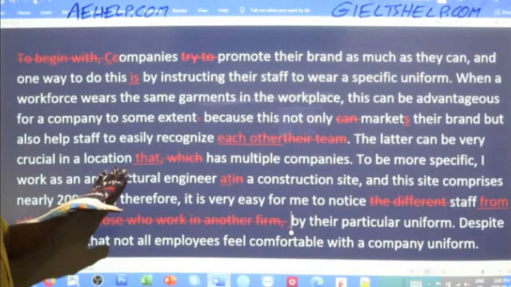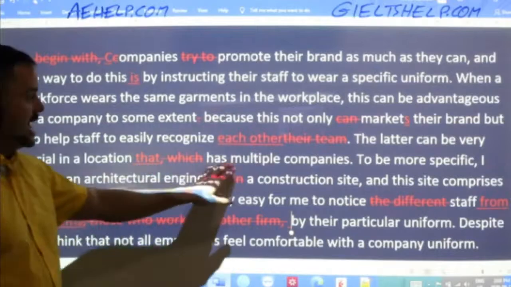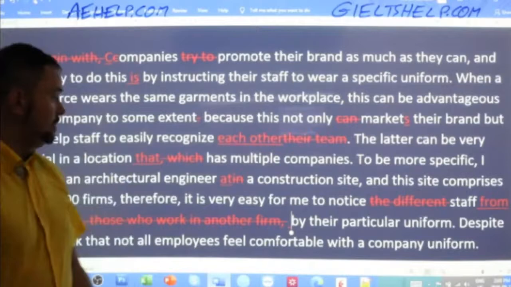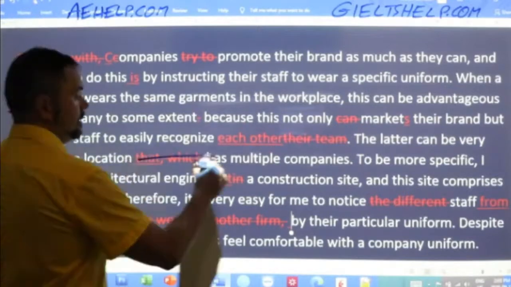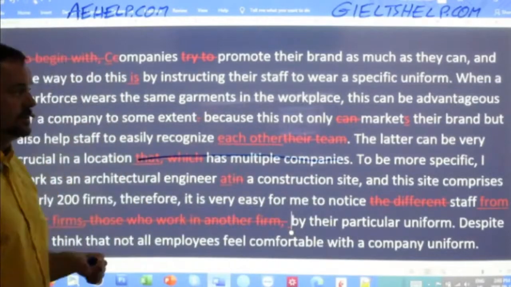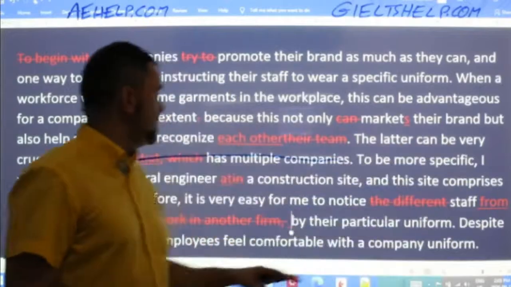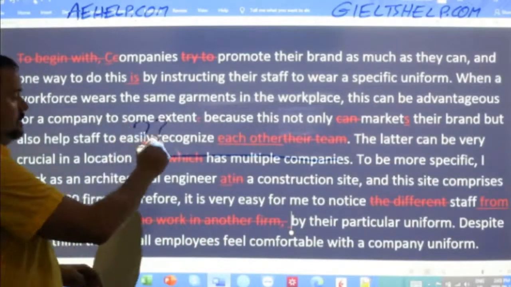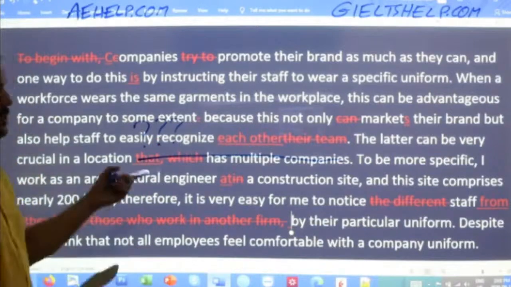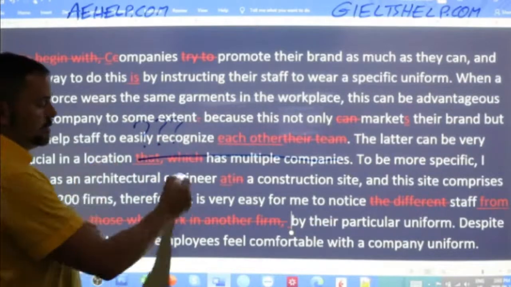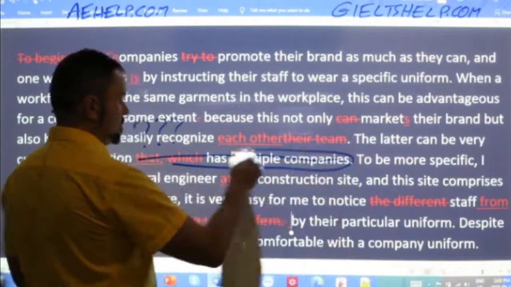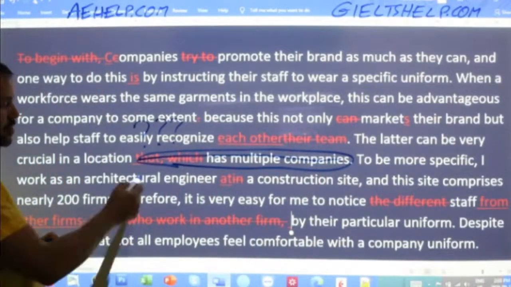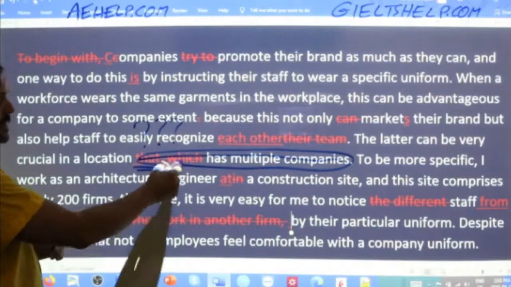What kind of location? A location that has multiple companies. If I take all of this out, okay, the sentence doesn't make sense. Okay, so the latter can be very crucial in a location. What? Right? Doesn't make sense. So what that means is that this sentence must have this clause in order for it to make sense. When you have that situation, you have to use "that" instead of "which."